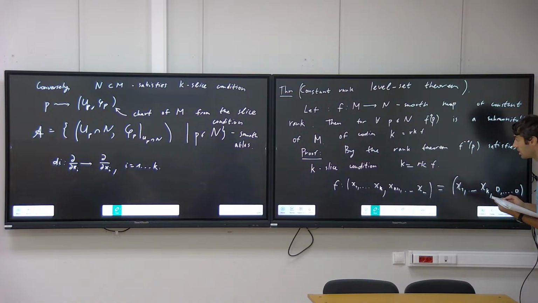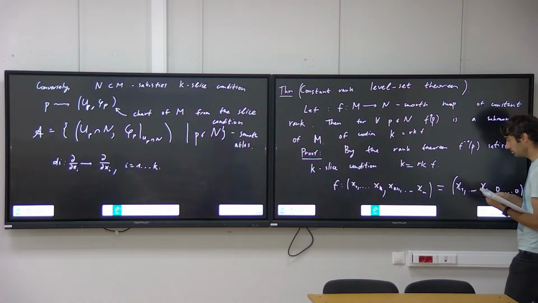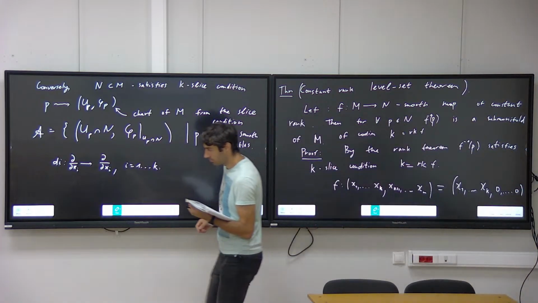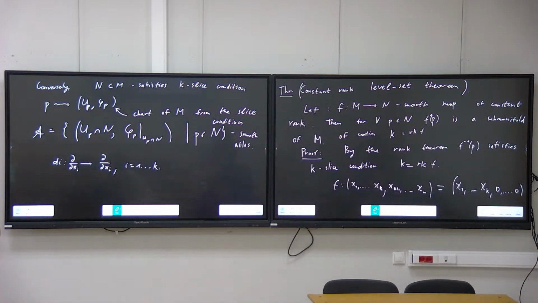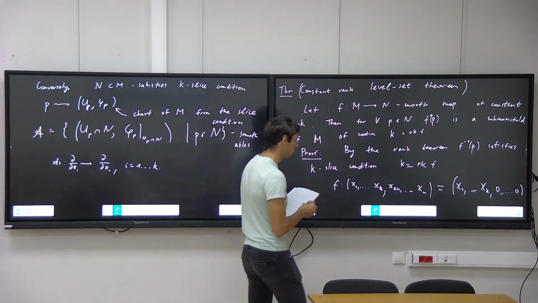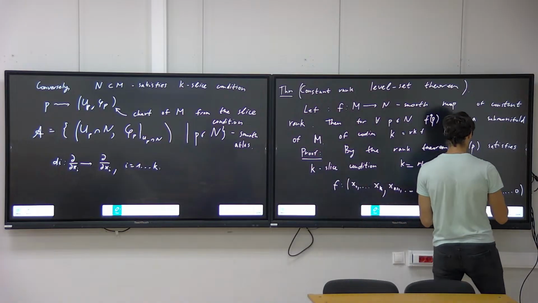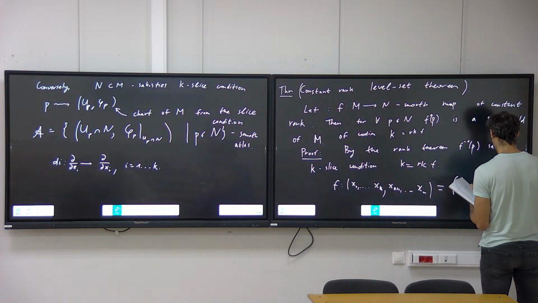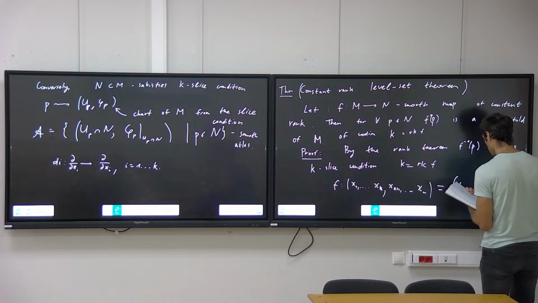Okay, and so F minus the pre-image of P is just all of the possible. So we can choose it such that in these coordinates phi of P is just 0.